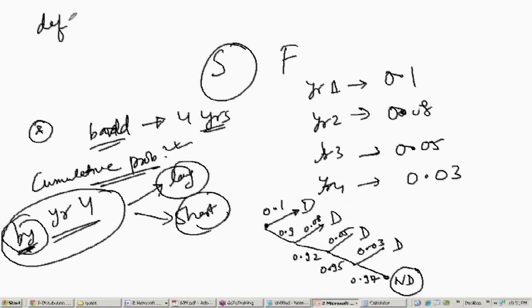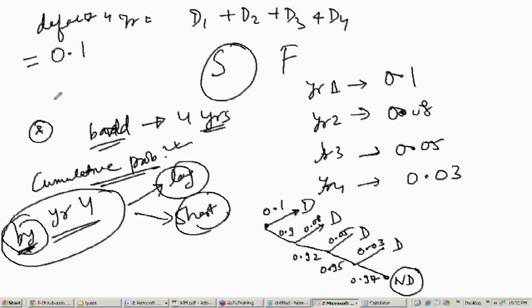So there are two approaches. The long approach: let's see what is the probability of default in the first year. The probability of default over all the 4 years is default in the first year plus default in the second year plus third year plus fourth year. What is the probability of default in the second year?